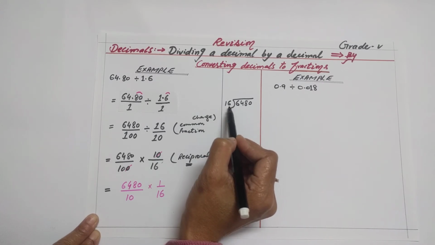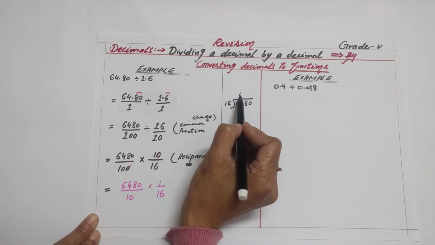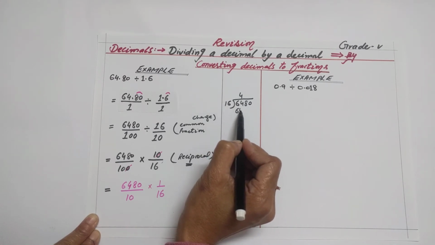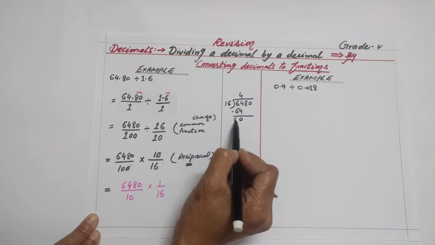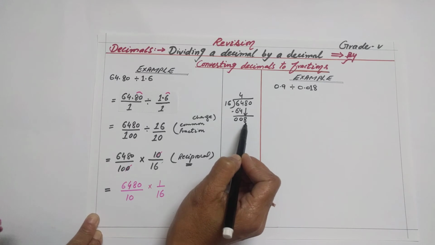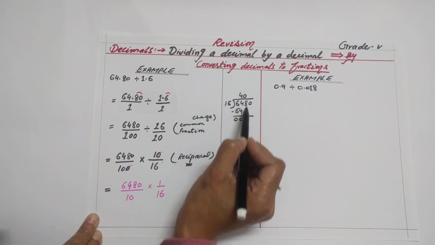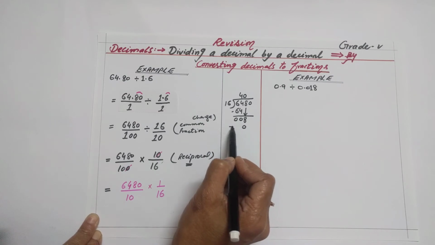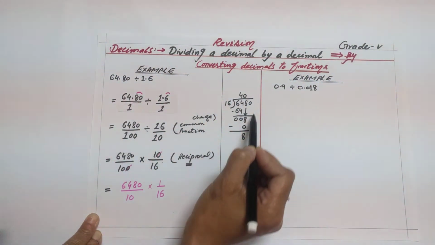As 6 is less than 16, we will make the pair 64. So 16 fours are 64. 4 minus 4 is 0, 6 minus 6 is 0. Bring down the 8. Now 8 is again less than 16, so 16 zeros are 0. 8 minus 0 is 8.